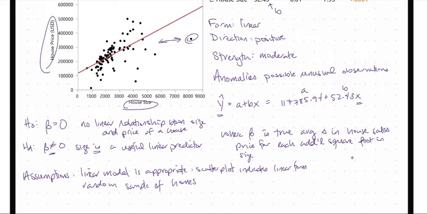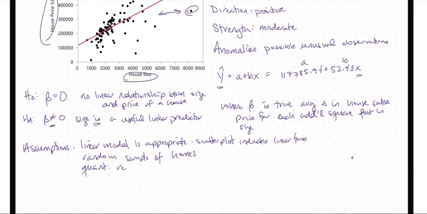We do know, however, that we have a quantitative response and that we have a quantitative explanatory variable. Both the sales price and the size of a house are quantitative.